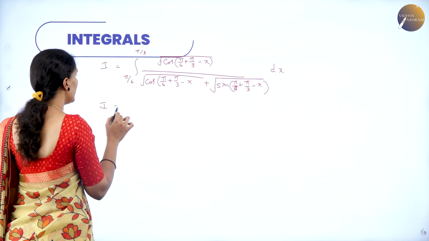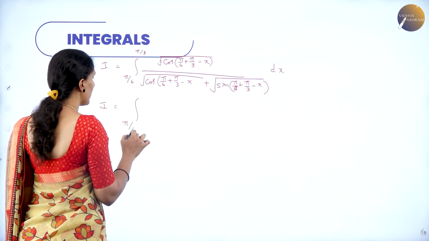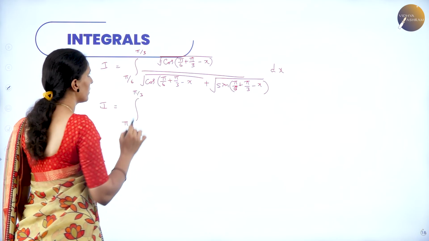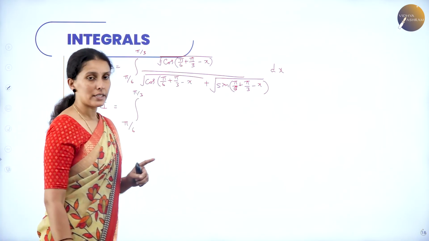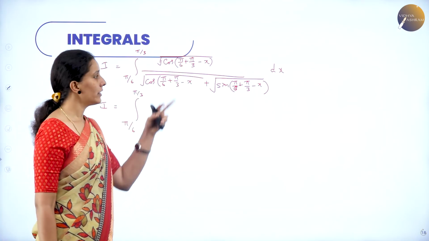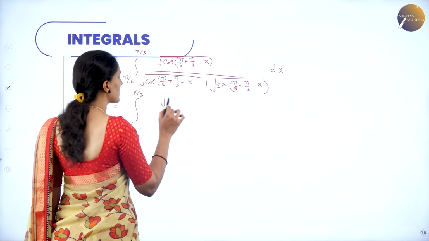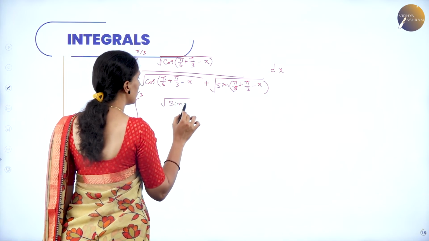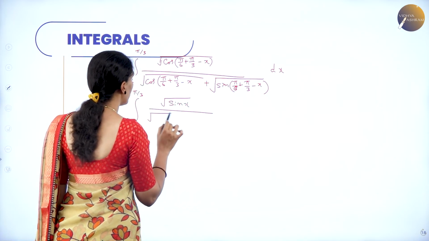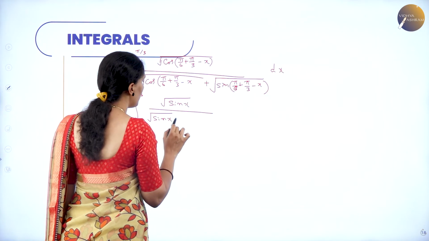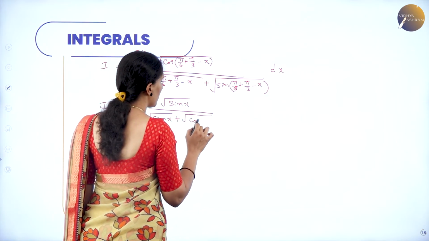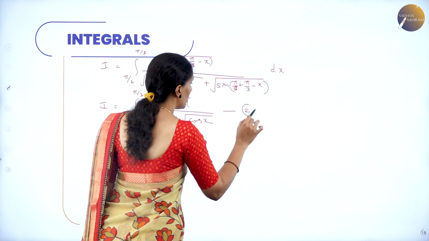Now here again the integral from pi by 6 to pi by 3. Pi by 6 plus pi by 3, that is 30 plus 60, 90, so pi by 2 minus x. Cos of pi by 2 minus x is sin x. So this becomes root sin x, and similarly in the denominator it becomes root sin x plus root cos x. Again let me take this as equation 2.